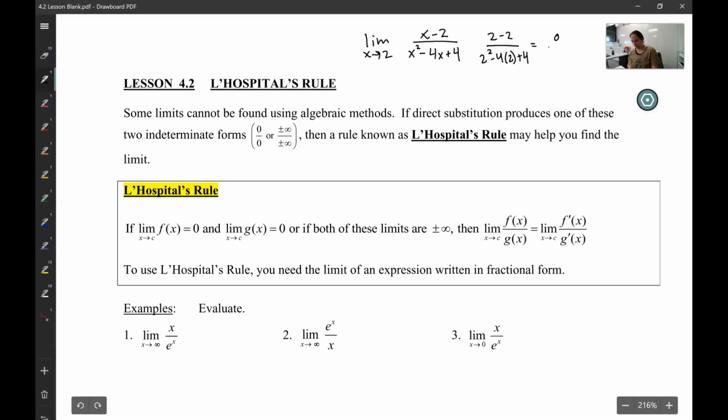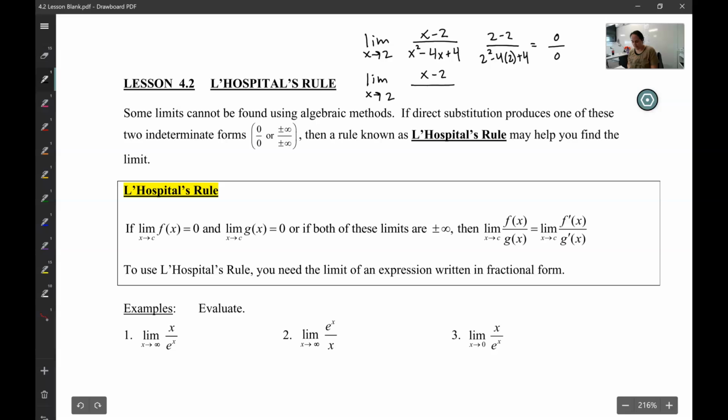And we'd get 0 over 4 minus 8 plus 4, 0 over 0. And we talked about back when we did limits that if you got 0 over 0, that meant there was a hole and you would have to do some simplifying.